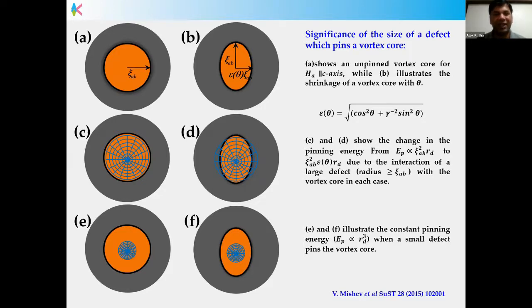If these are large enough, then the orientation of the magnetic field changes the interaction volume of the pinning center with the vortex. However, if the pinning center is very, very small, even if the field orientation changes, it does not make any difference. But if the artificial pinning center is of considerably larger size, then of course the interaction volume changes.